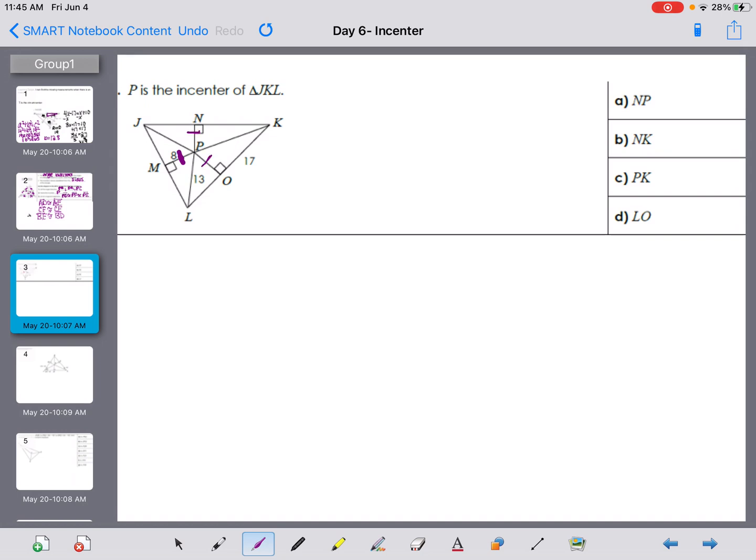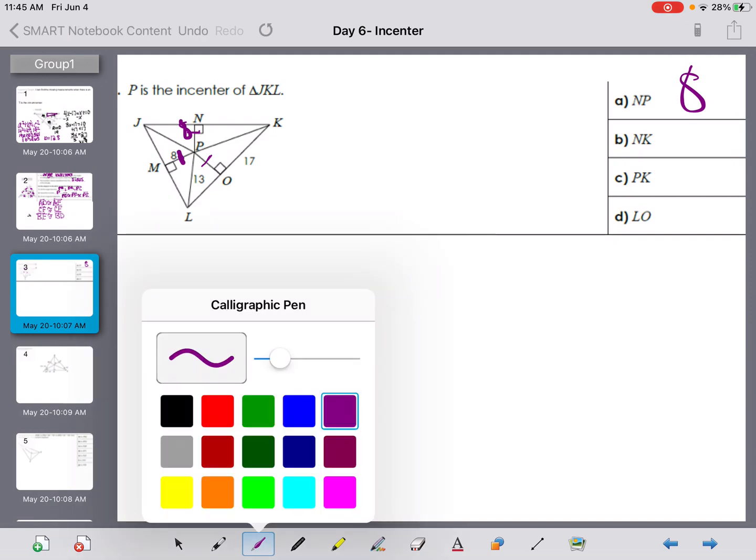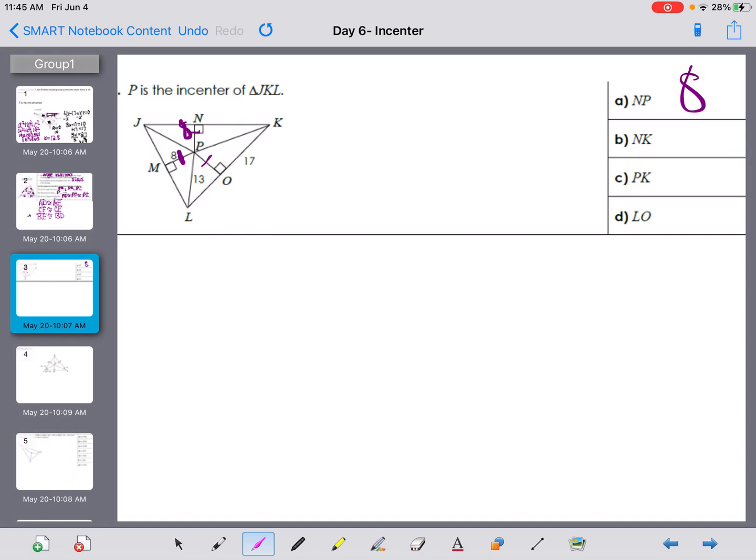So if MP is 8, NP is going to also be 8. I know that KO is 17, so that means that NK is also 17.